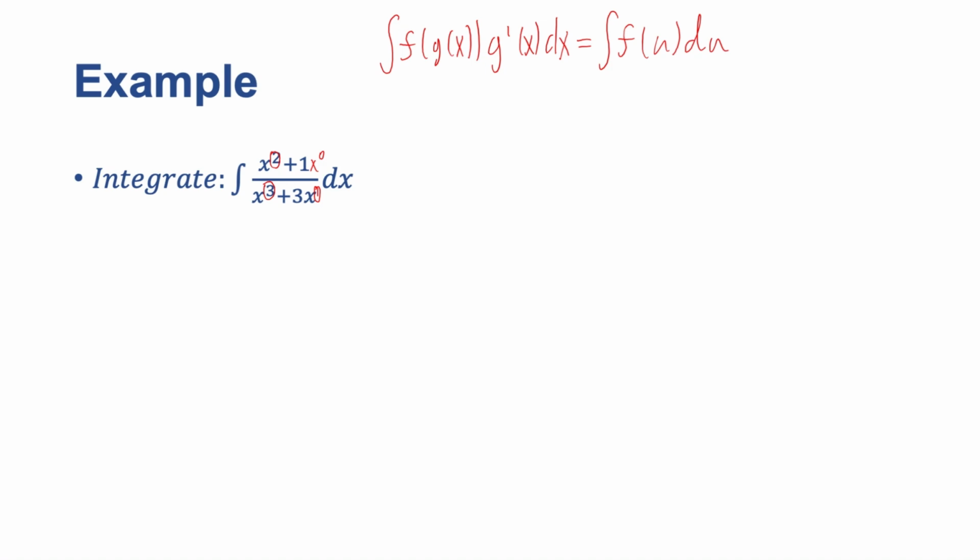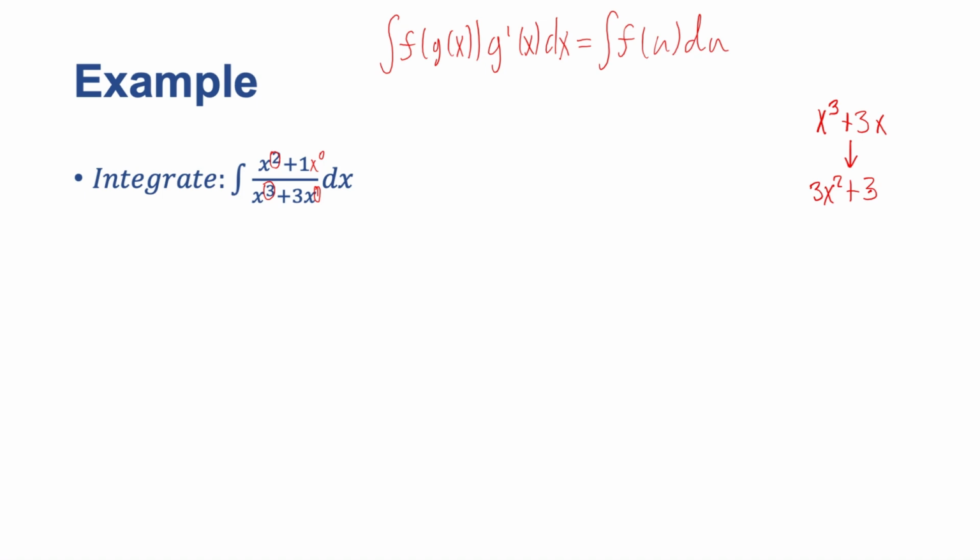So if I had x cubed plus 3x and I differentiated that, it goes to 3x squared plus 3. And I have an x squared term and an x to the 0 term, just like here, which means I can do some manipulation.